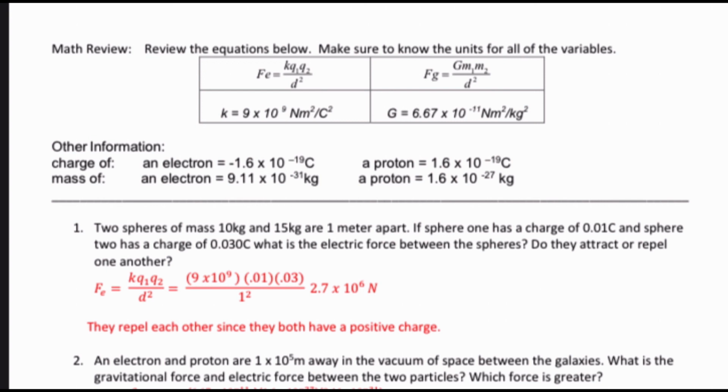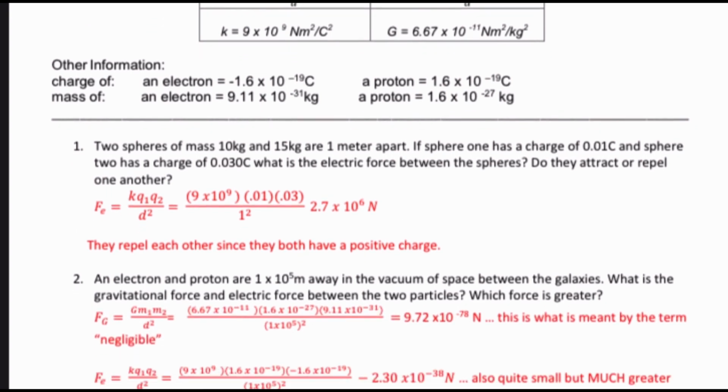There was no reason to tell you the mass if you weren't solving for gravitational force. And you notice they didn't tell you that any of the charges are negative. So if your final answer ends up positive, that means it's repulsive, and if it ends up negative, that means it's attractive. That's something important to know.